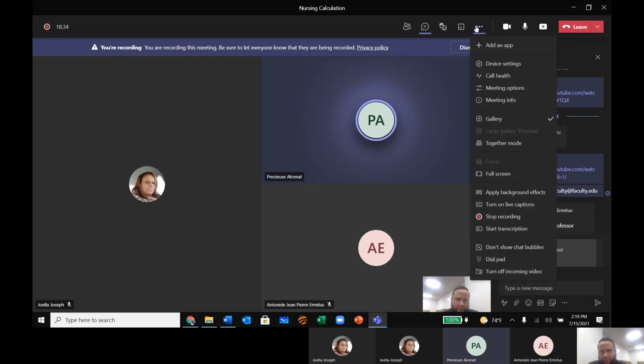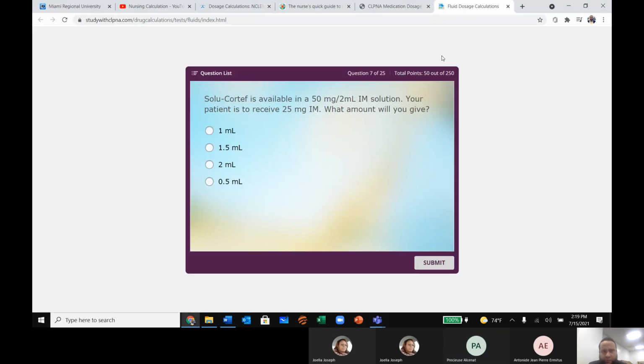Divide 50 divided by 25. Exactly. That's what you're supposed to do. Can you see the screen? Yes, I see it. Divide 50 by 25 and then multiply it by 2. What is the solution?